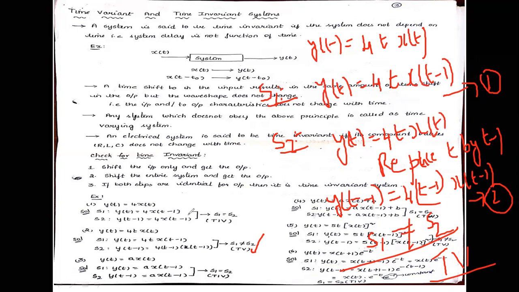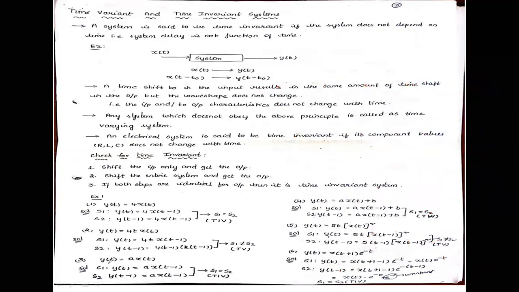Okay, my dear students. See, the input is delayed here. Even the total system is delayed, but it is not the same in the time varying case. Okay, my dear students. Now the third one, y of t is equal to a into x of t. So definitely it is a time invariant system only.